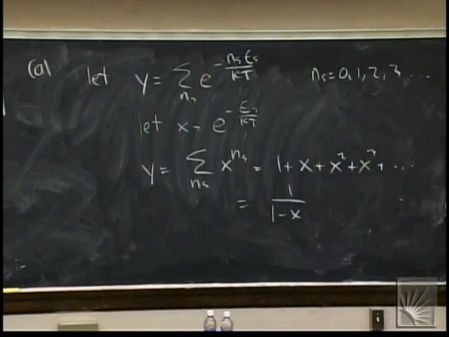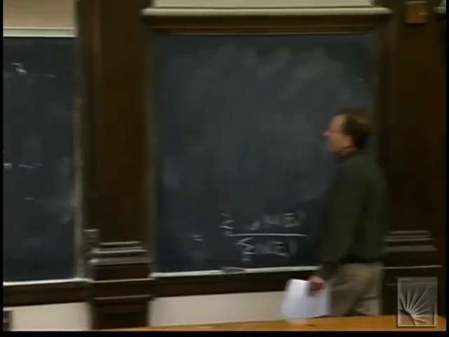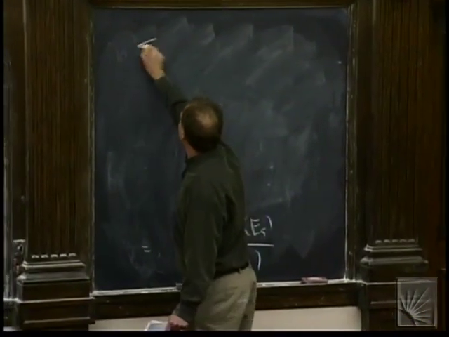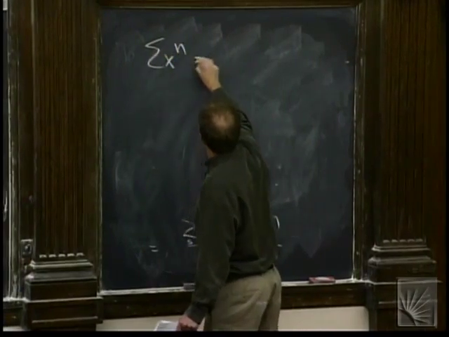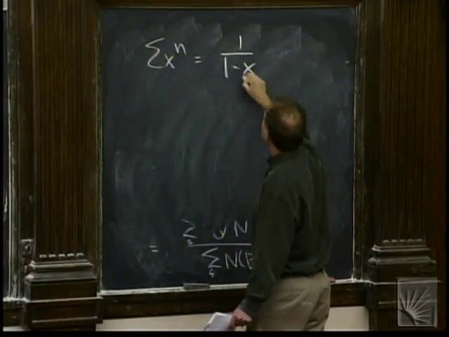Everyone know that? Did people know where you can get that? You could do a Taylor expansion, or you can use this sort of argument, which is not very mathematically rigorous, right? But if you have the sum of x to the n, let's just suppose that's true.